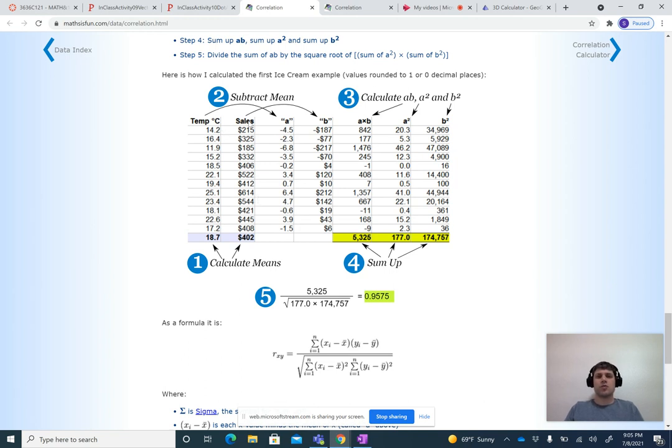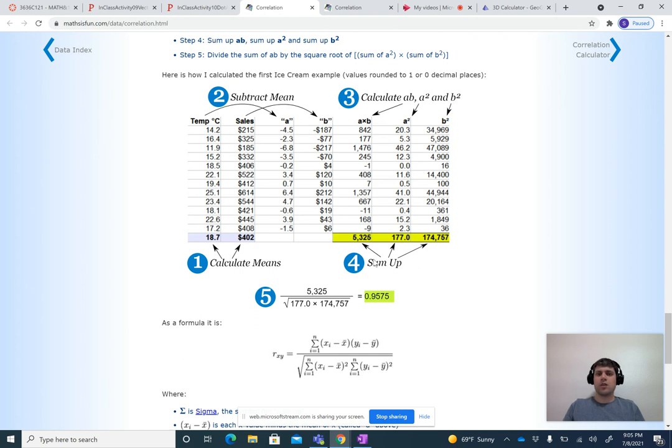You have the temperature and sales columns. You subtract the mean from each to make them independent of what they actually mean, just to see how far from the mean each of the quantities are. And so we have these two A and B columns, and then we multiply them to get a times b, and multiply a by itself to get a squared, and then a b squared column in here.